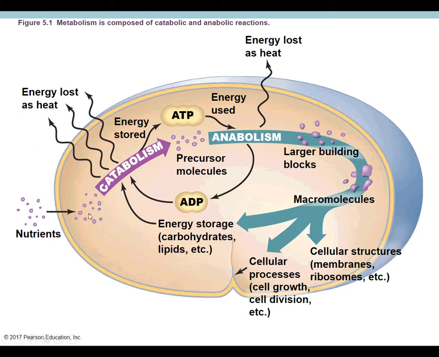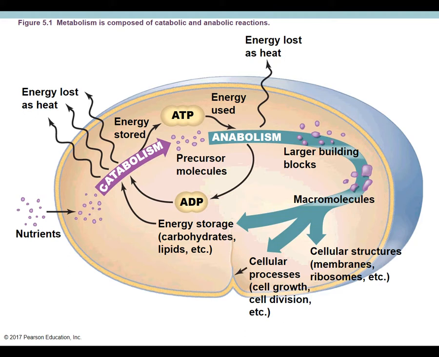And nutrients have to come in. Those can be amino acids, they can be full-on proteins, they can be carbohydrates, fats, they can be monomers or polymers. And what has to happen in the cell is some of those nutrients are going to get broken down. So here what we're really talking about is the breakdown all the way to carbon dioxide, so respiration.